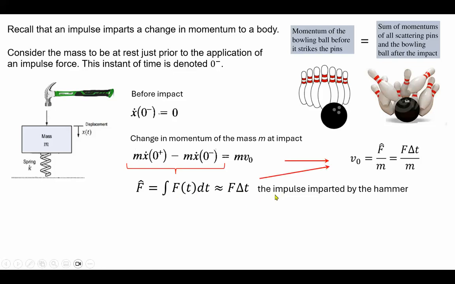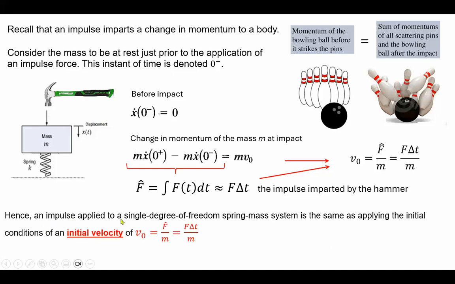The moral of the story is that if you have f hat, or f delta t, and you have the mass of the block, you can actually get the initial velocity of the block. This instantaneous hit of short duration really changes the initial velocity.